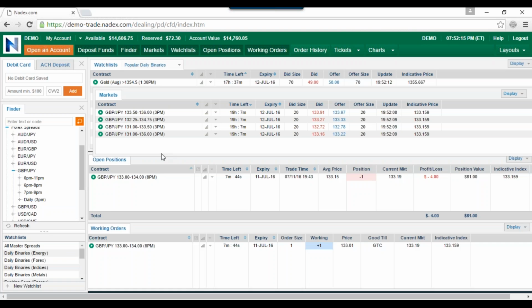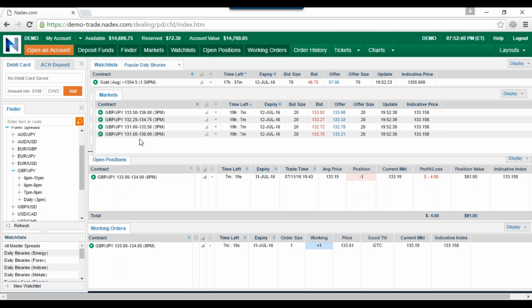Okay? Once I determine my strategy or system and how much time I need to be right, that helps me determine my expiration time. Then from there I can decide which of these spreads has the floor and ceiling that best suits what I need.